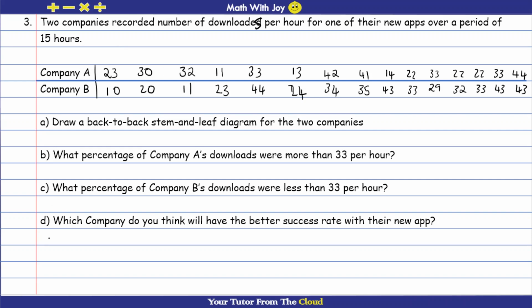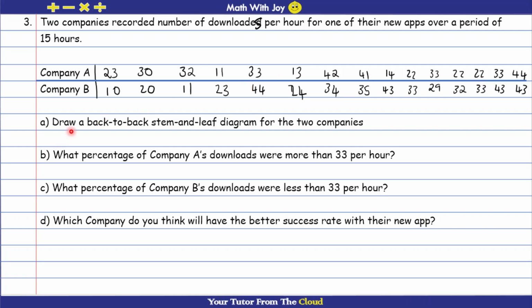So company A and company B both launched new apps, and for the first 15 hours they have recorded how many people downloaded their apps. So you can see 1 hour, 2 hours, 3, 4, 5, 6, 7, 8, 9, 10, 11, 12, 13, 14, 15.